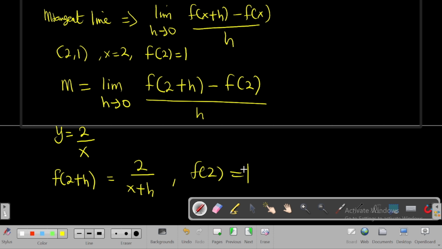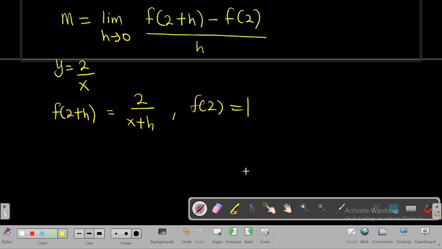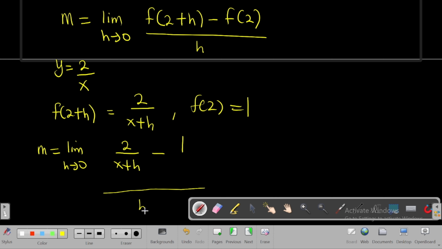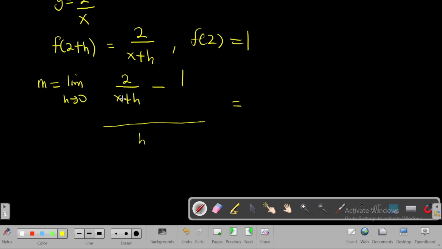All right, so from here we can see that the gradient is the limit as h approaches 0 of f of 2 plus h, which is 2 over x plus h, minus f of 2, which is 1, all divided by h, right? Now to solve this particular section, we have 2 over x plus h minus 1, so here we can find the LCM.